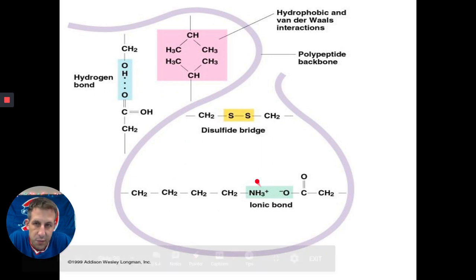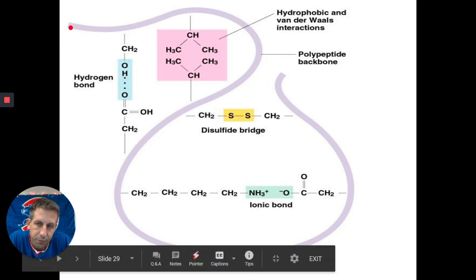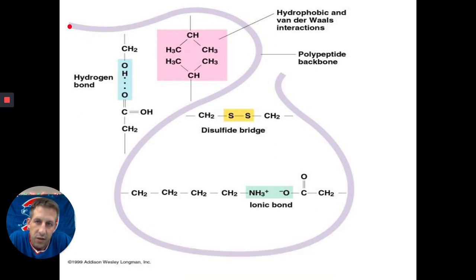Okay? So what this diagram is meant to show you is that the variable R groups will interact. And when they interact, they create a very distinct three-dimensional shape. The diagram that you see in front of you right now only comes together in this very specific folded conformation because those very specific amino acids have those very specific variable R groups in that very specific space.